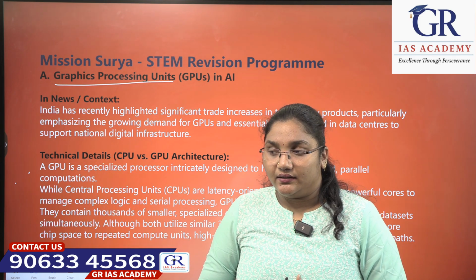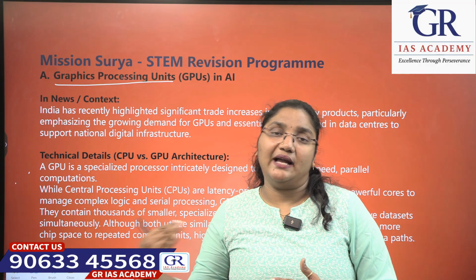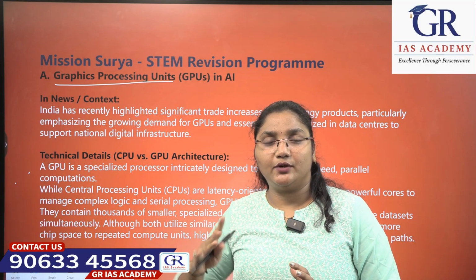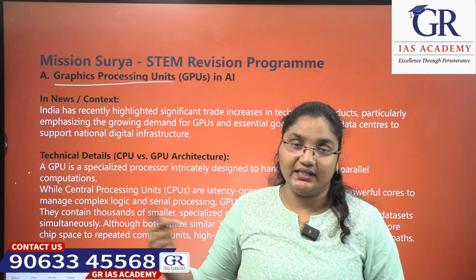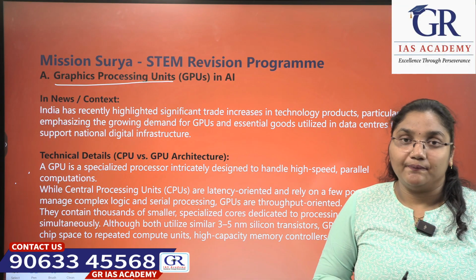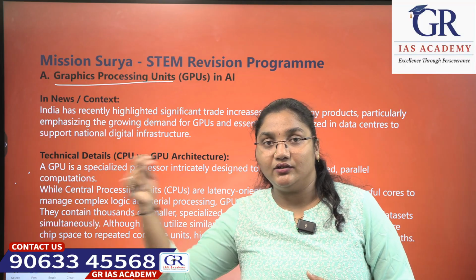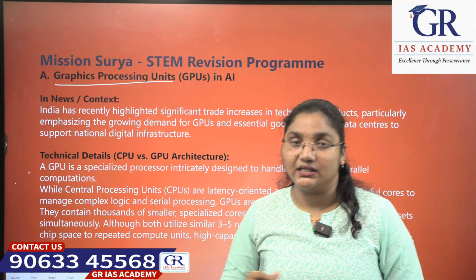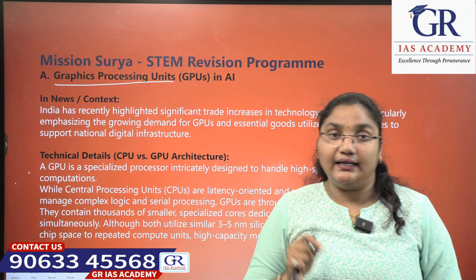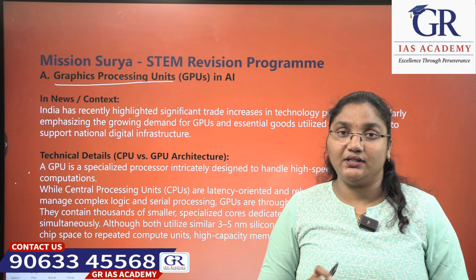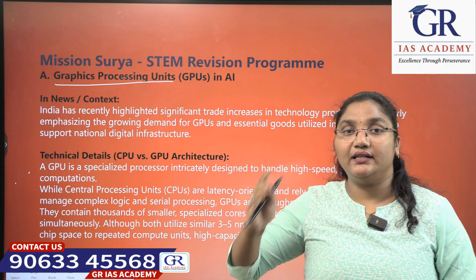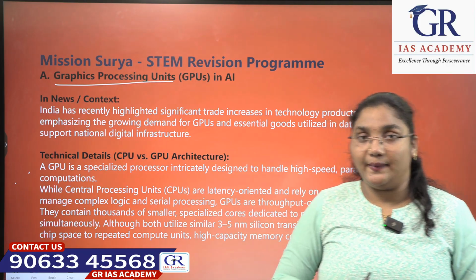And imagine solving all these millions of math problems in one go. That is what GPUs do. All these problems are solved at once, in seconds or minutes. Not like a CPU, which generally takes time because it works in a sequential manner.